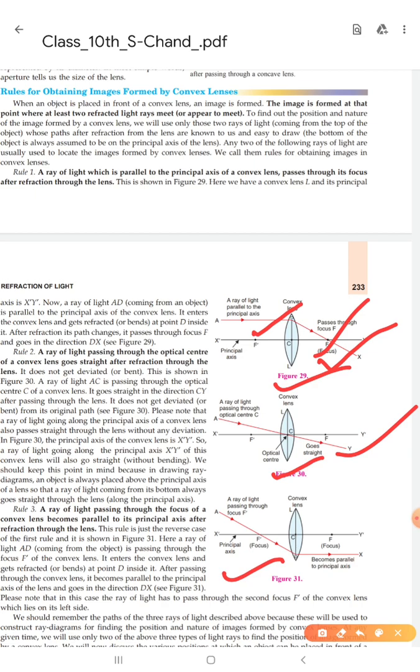And this is the third rule. When we draw a light ray from the focus, after refraction it becomes parallel to the principal axis. So these are important rules, you have to memorize them.